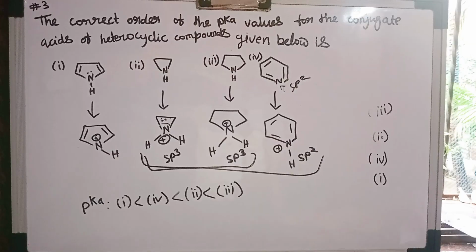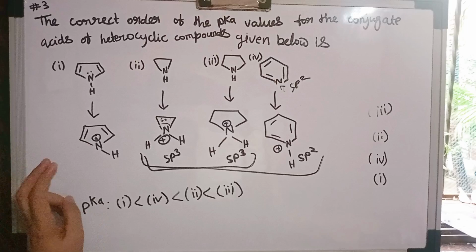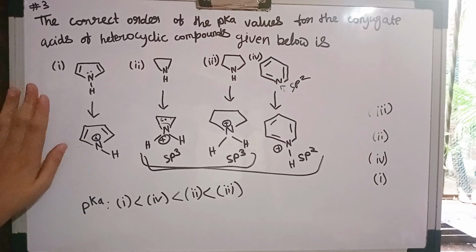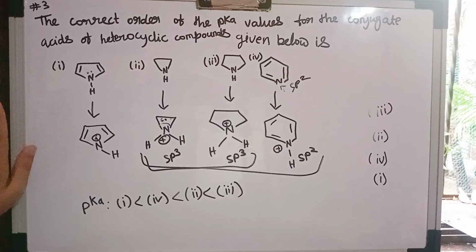So anything does not want to lose its aromaticity, and this is how you arrange them in the order of their pKa values. So our first method is making their conjugate acids and then looking at whether they are going to give away their proton. And the second method is to look at their original structures that you are already given. You don't have to do the work of drawing these conjugate acids. Just look at these structures and think whether they are going to give away their electron.